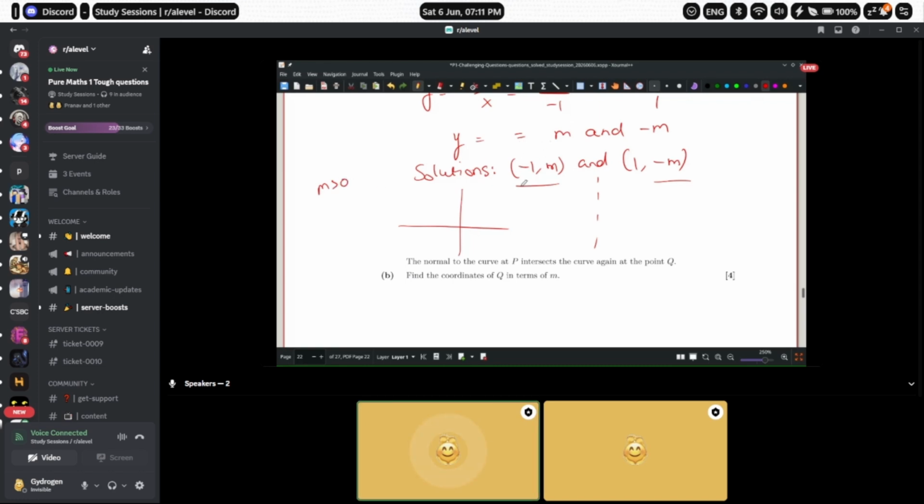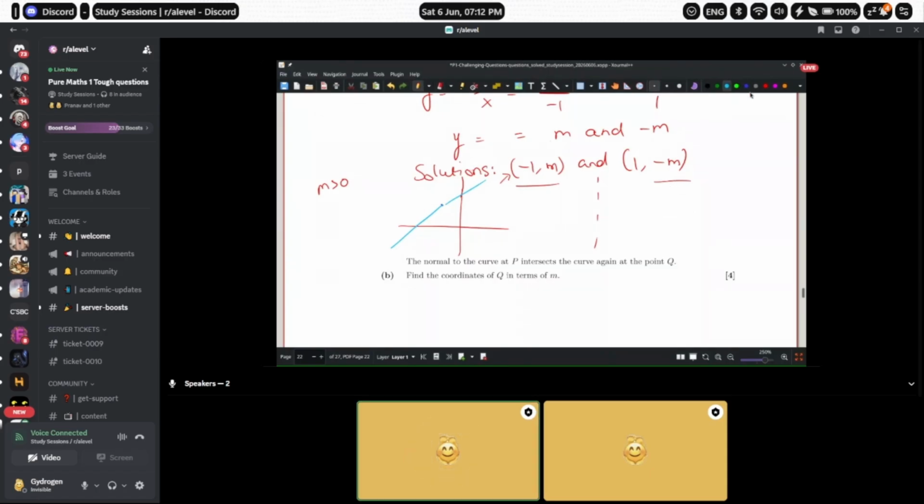So this point will be around minus 1, m like this, and then we have a positive gradient because m is greater than zero. So then the line is like this, passing through that point.